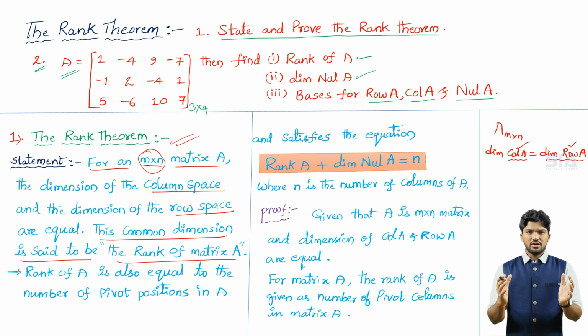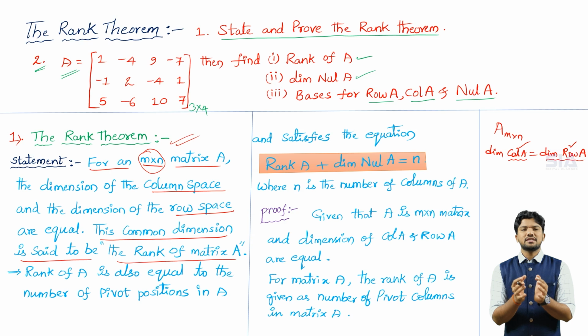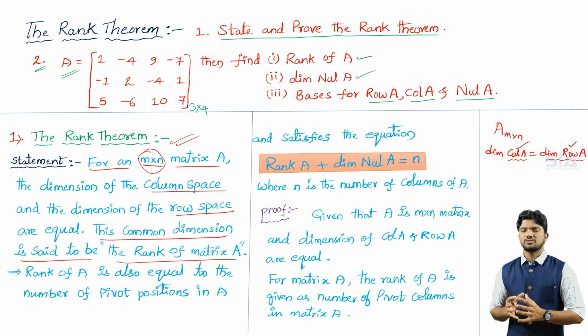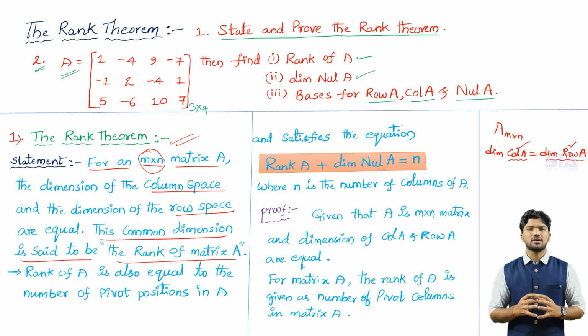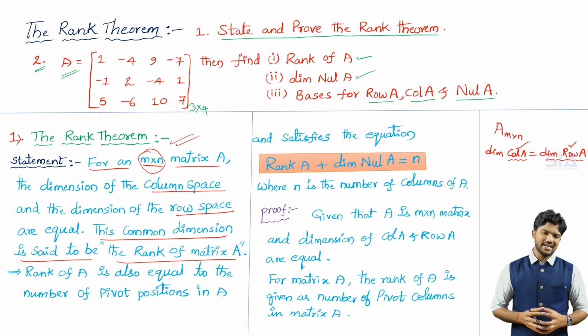Their dimension is the number of vectors in the column space of A and in the row space of A. That number is called the rank of the given matrix capital A.